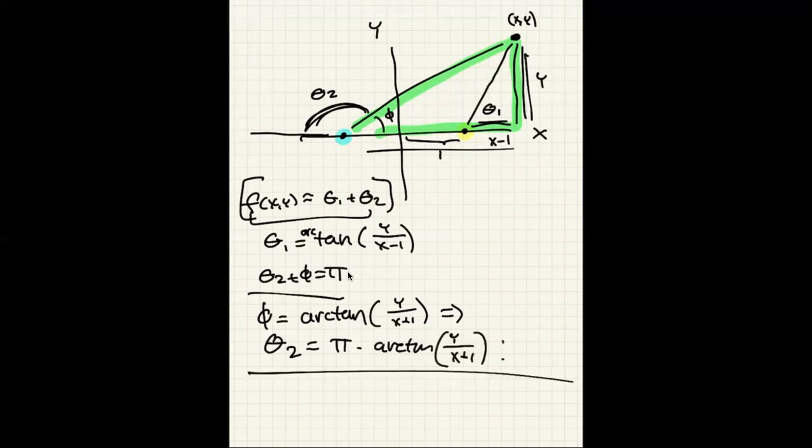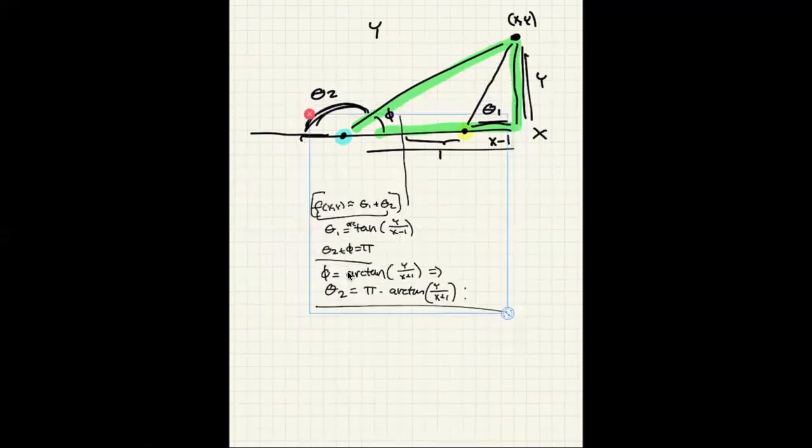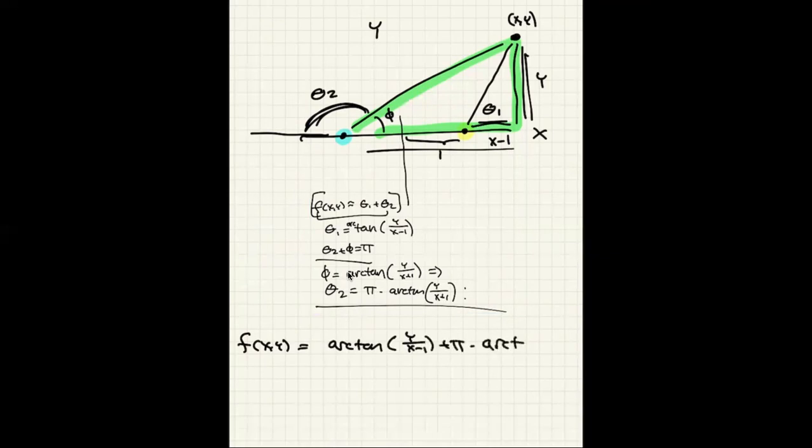So the function that I was creating in my brain prior to all this work, the function of x, y, is really something like arctan y over x minus 1 plus pi minus arctan of y over x plus 1.